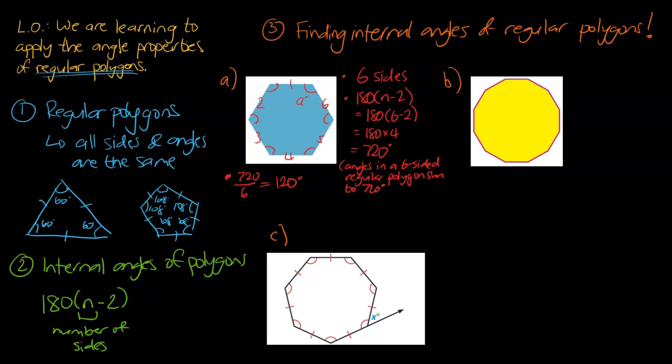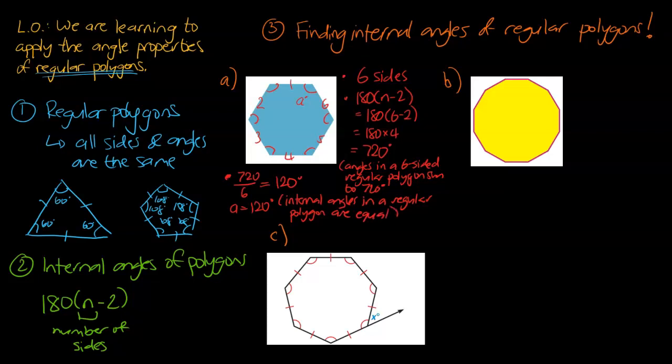And that tells us what angle A is. It actually tells us what every angle inside that shape is going to be. Every angle is going to be 120 degrees. So I'm going to write A is equal to 120 degrees, because internal angles in a regular polygon are equal.